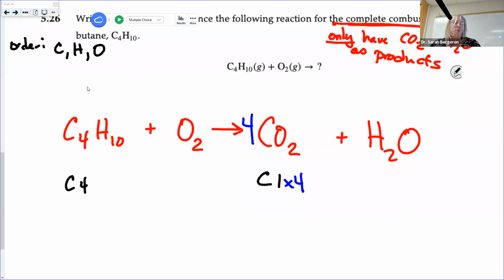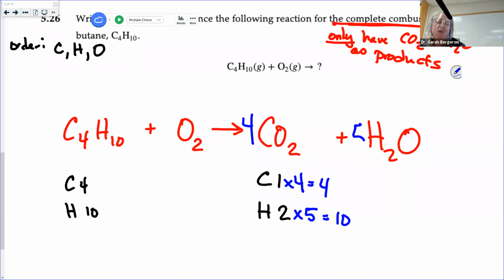Now what do I have to do? Hydrogens. Hydrogen on this side is 10. Hydrogen on this side is only 2. So what am I going to do? Times 5. And I get 10. Okay, so I'm going to put a 5 there. Now what?